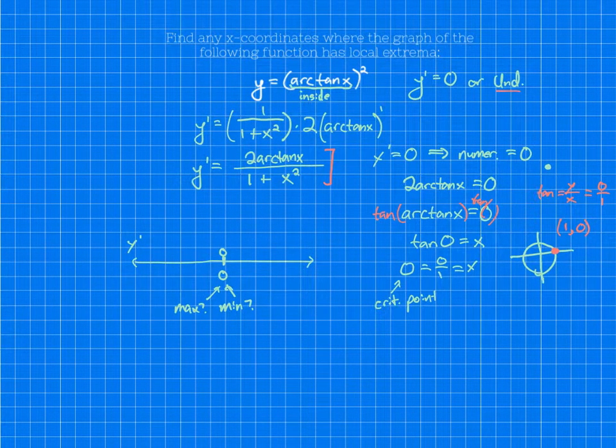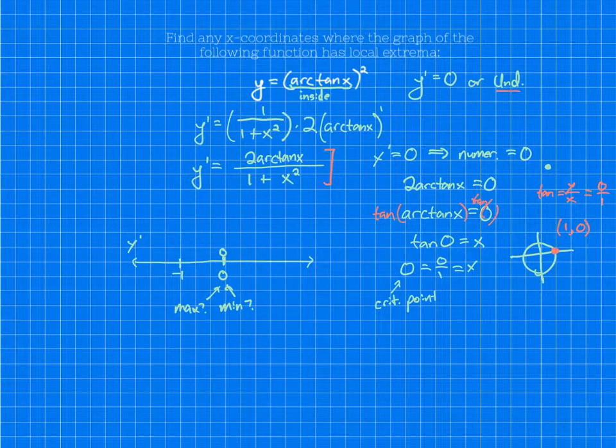So let's plug in a number that is before 0 into my derivative here. Now, remember, this bottom part will always be positive, so really all I have to do is figure out what will happen to the top when I plug a negative number in. Let's try plugging in something like -1.